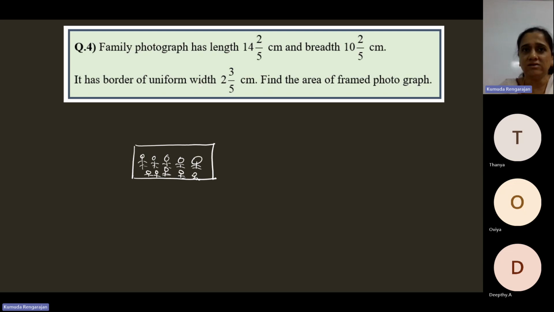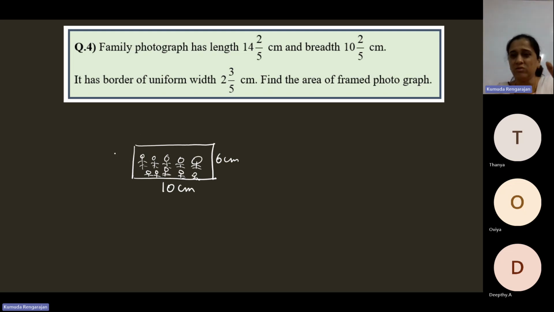Let me take some whole numbers to explain the situation. Suppose the length of the photograph is 10 centimeters and the breadth is 6 centimeters. This is the photograph which is not framed. Now, when you frame it, the frame has a width of say 1 centimeter.